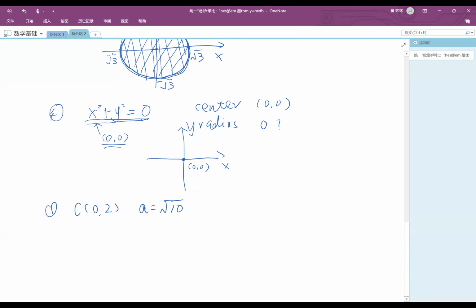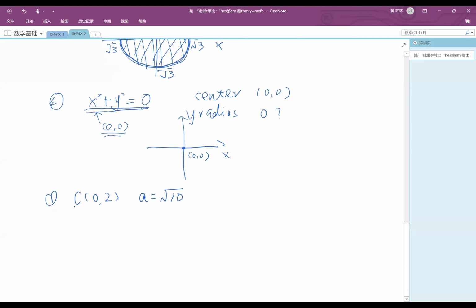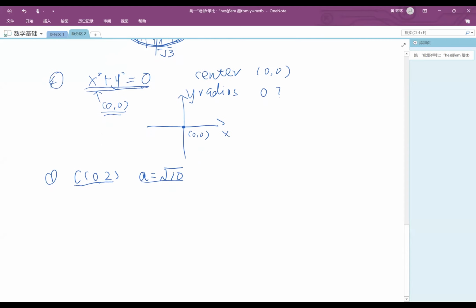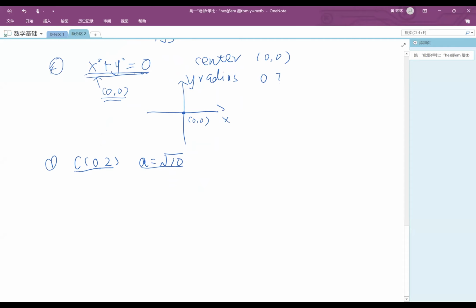If we have a center and a radius, we can write the equation of this circle. The circle's equation is (x minus h) squared plus (y minus k) squared is equal to a squared. It must be a squared, okay?